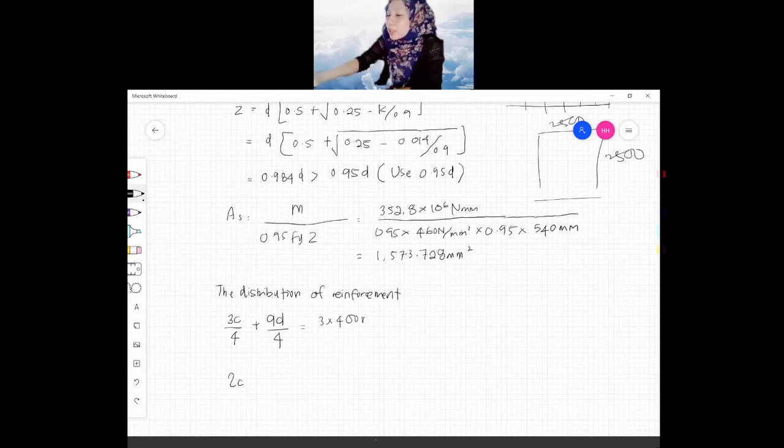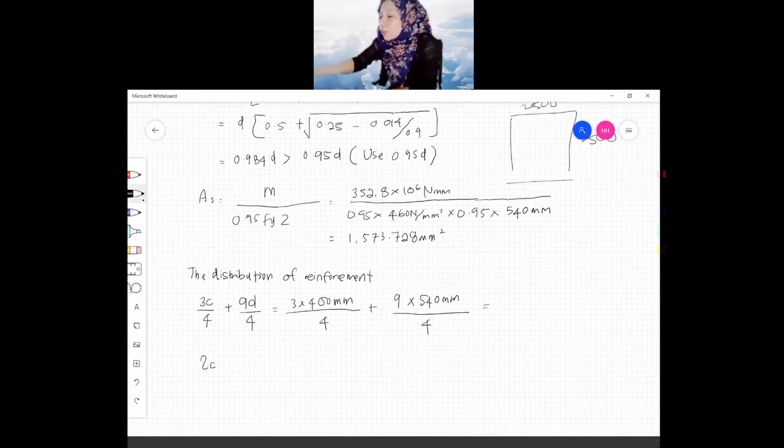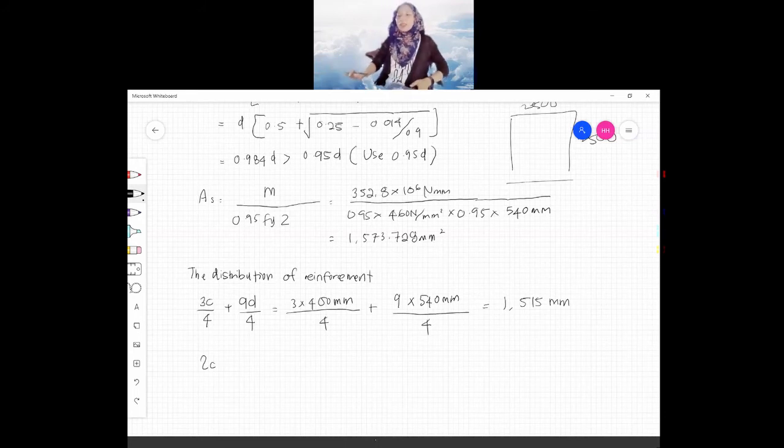So just key in 3 times 400 divided by 4 plus 9 times 540 mm divided by 4. Okay. So here I got some value, which is 1,515 mm. Okay.